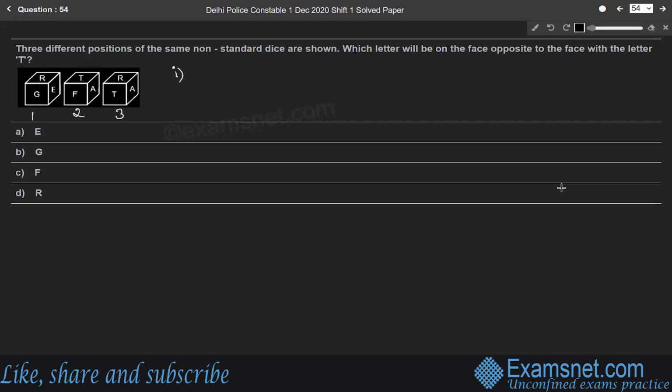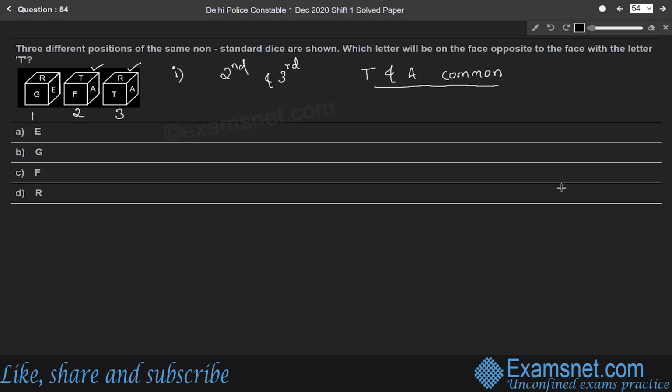So here, consider 2 dice with 2 common faces. So consider second and third position of the dice with 2 common faces. T and A are common faces. In such a case, if 2 faces are common, the third faces will be opposite to each other.